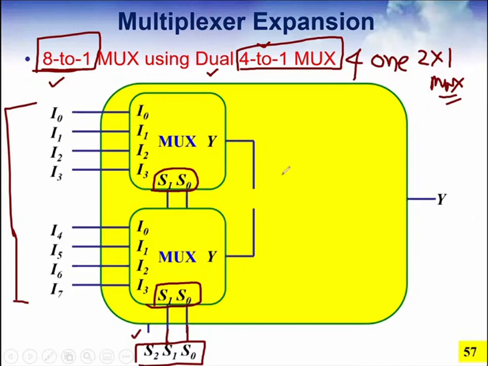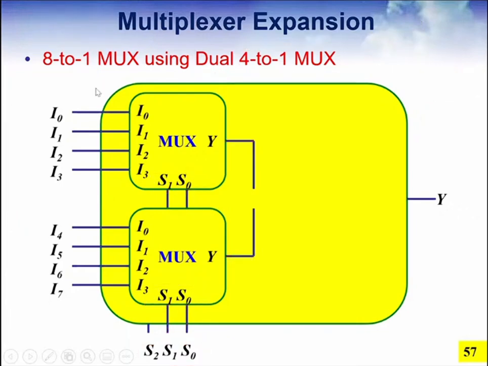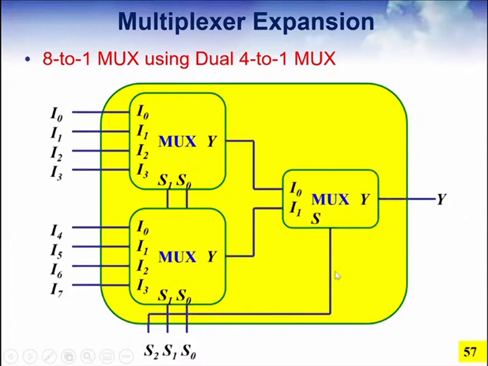So guys, how many outputs will we be getting from these two? 2 outputs. So I have one more 2 to 1 MUX, which I will connect here now, and this selection line will depend upon this one. Now guys, look here.